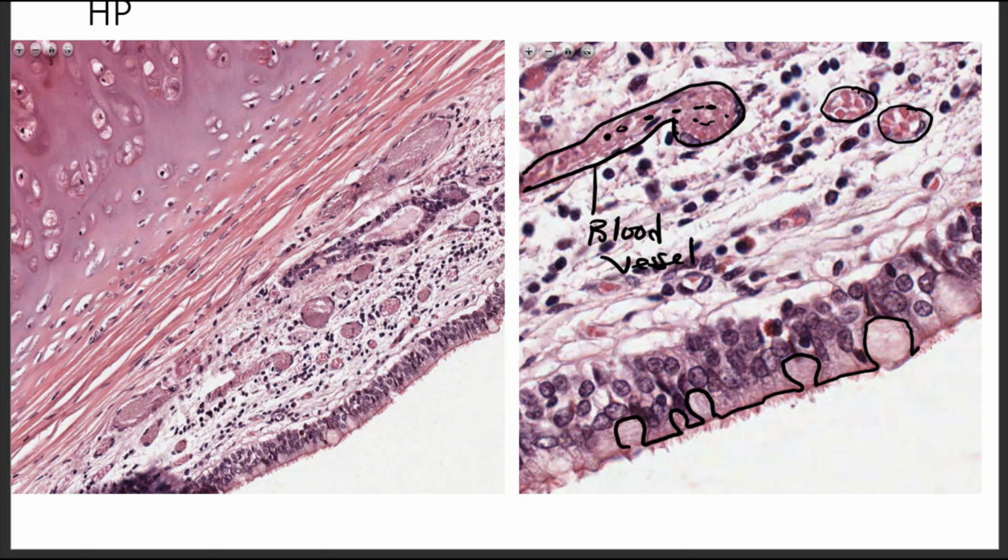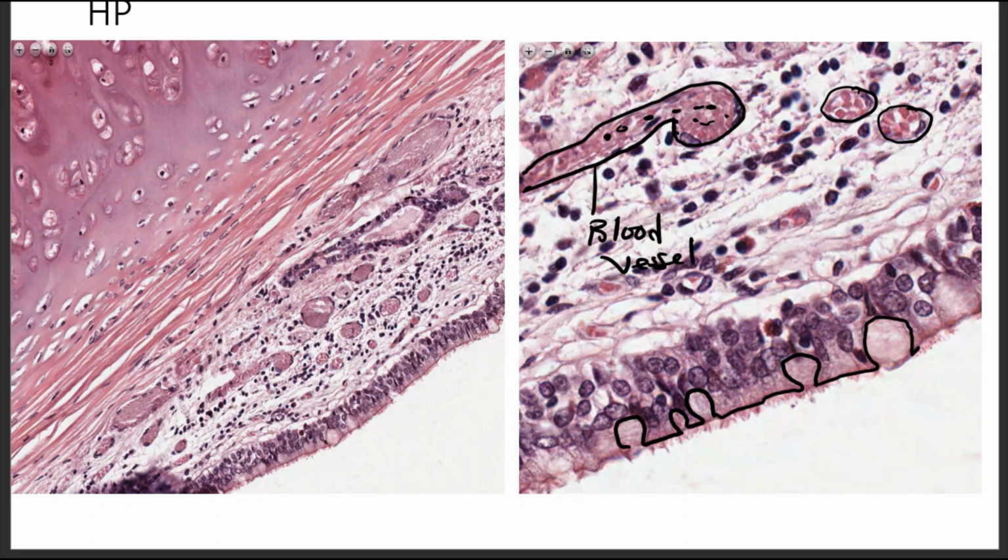So you can see that the trachea is rich in blood vessels. So you've got the epithelium here, and then you've got blood vessels here.